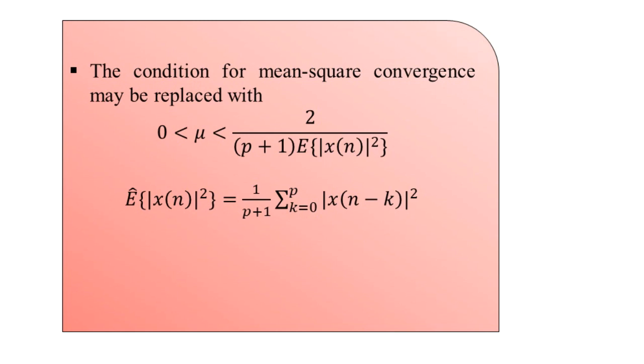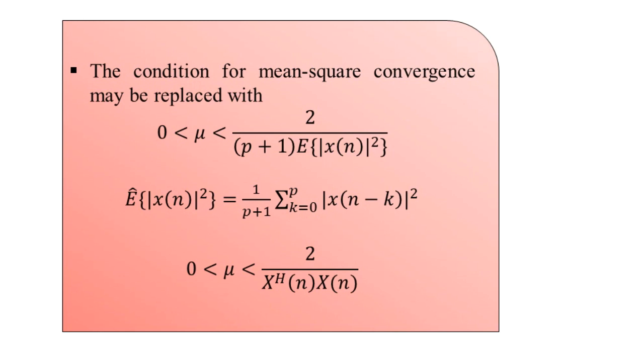That leads to the bound on the step size for mean square convergence, represented as mu greater than 0 but less than 2 divided by Hermitian of x of n into x of n.